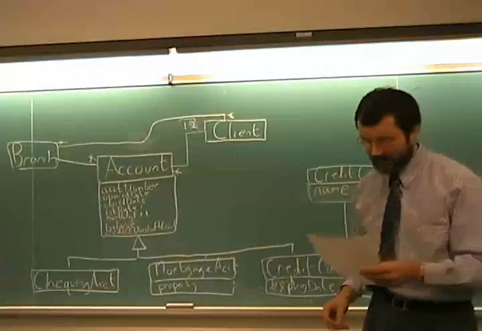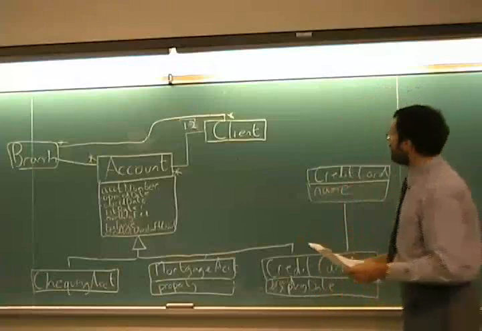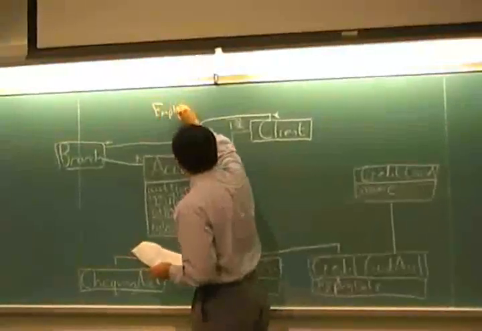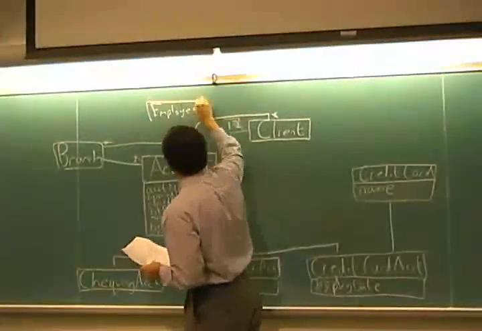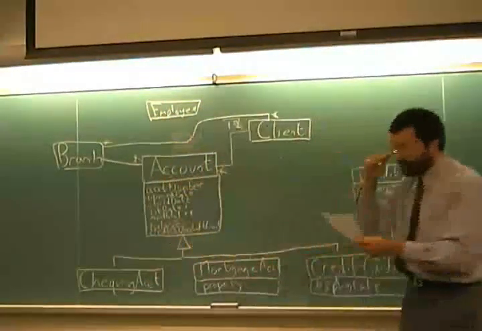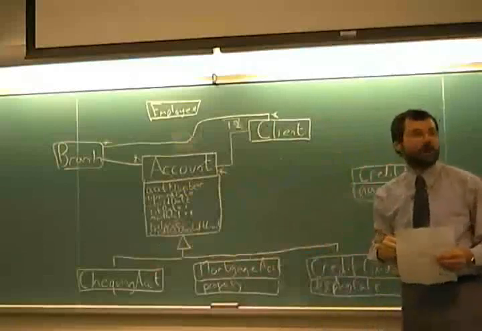Employee class. Okay, let's put down employee. Now he's suggesting that this be like that. What do we know about employees? What does it say about employees in the problem statement?